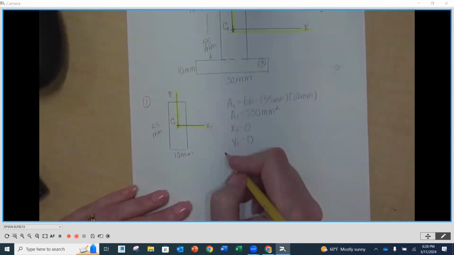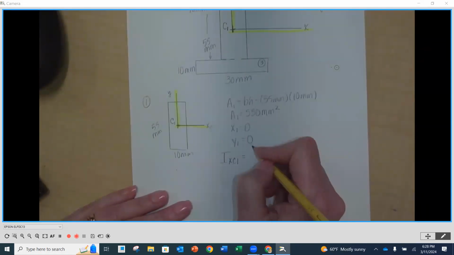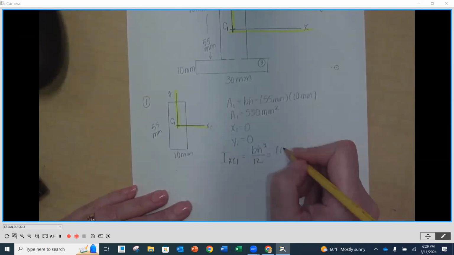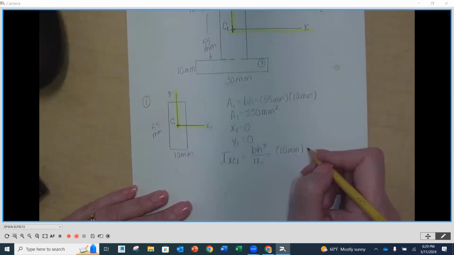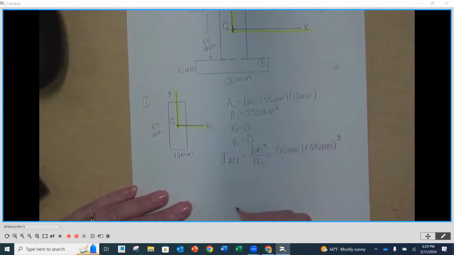Since it's a rectangle, our IXC1 is going to be equal to base times height cubed divided by 12. My base is going to be parallel to the x-axis, so it's going to be 10 millimeters times the height, 55 millimeters, cube that, and divide by 12.